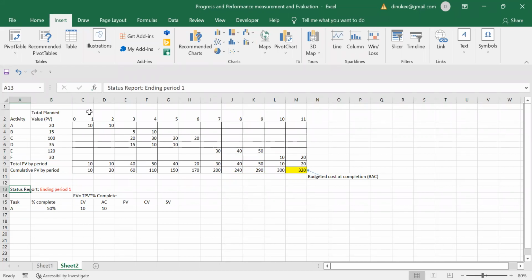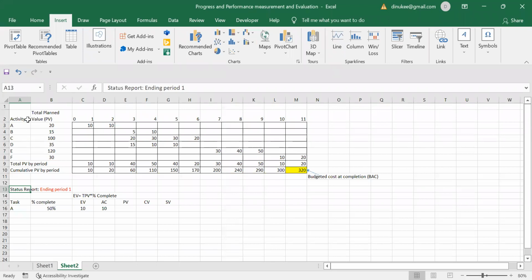The end of period 1 means this, right? All of you told me that the end of period 1 means this time period. So at the end of period 1, what is the planned value for activity A, or task A?